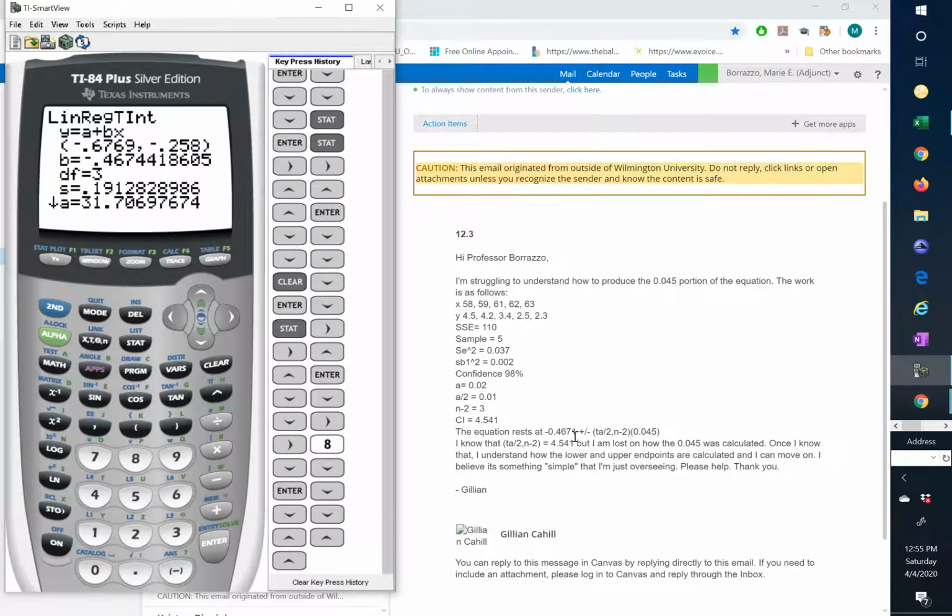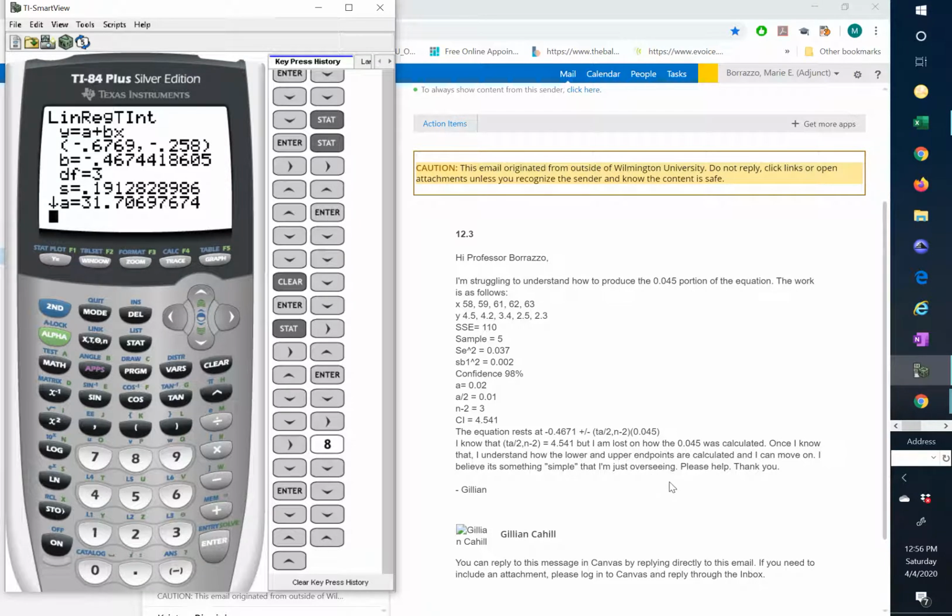That's obviously your slope. So it's the slope plus or minus, looks like the critical t-value. Okay, and then this 0.045 should be the standard error. Right, and so it says here that it is the 45.41, but I am lost as to how the standard error is calculated. Okay.